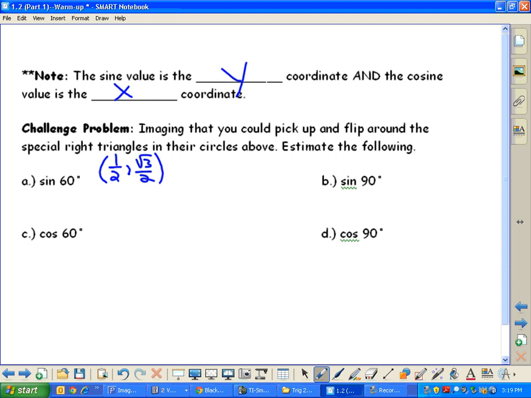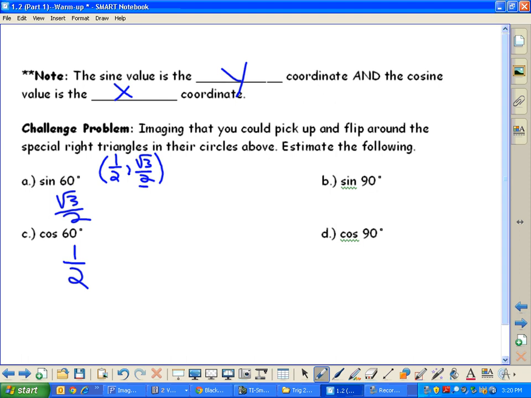And what I'm trying to say in today's lesson is that the sine of 60 degrees is just the y-coordinate at 60 degrees. The y-coordinate, square root of 3 over 2. Cosine is your x-coordinate, so that is 1/2. And this is how you're going to do the worksheet that your wonderful substitute is going to give you in just a moment.